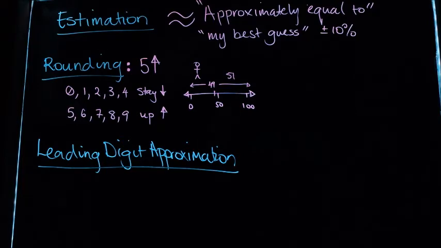If it was 51, then those numbers would be reversed. And if it's 50, well, it's equal distance. What do you do? Do you walk back to 0 or do you walk to 100? And everyone in the world has decided, well, let's walk to 100. Let's round it up. If you're on 50 and it's the same distance either way, then we're all going to walk to 100. And that's basically what it means.